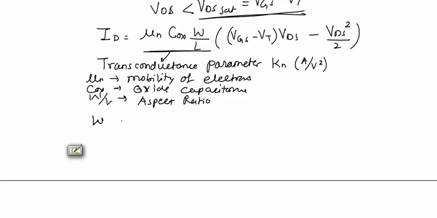where W is the width of the channel. This width is this dimension.